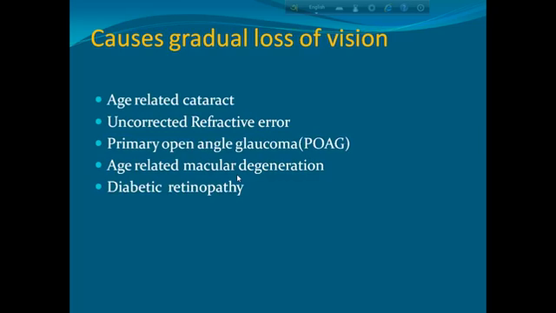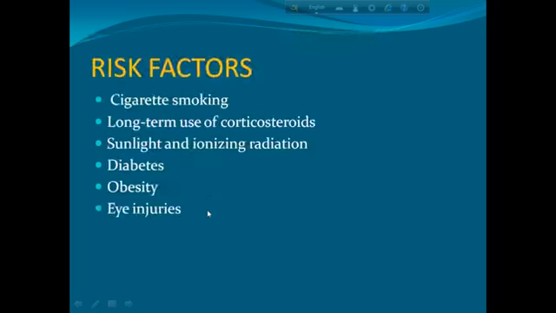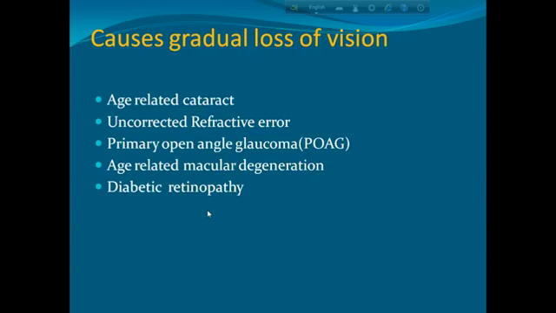And there is another question. What are the causes of gradual loss of vision? One cause is age-related cataract, others are uncorrected refractive error, primary open-angle glaucoma, age-related macular degeneration, and diabetic retinopathy. Among these five, another question arises: what are the reversible and irreversible losses of vision?